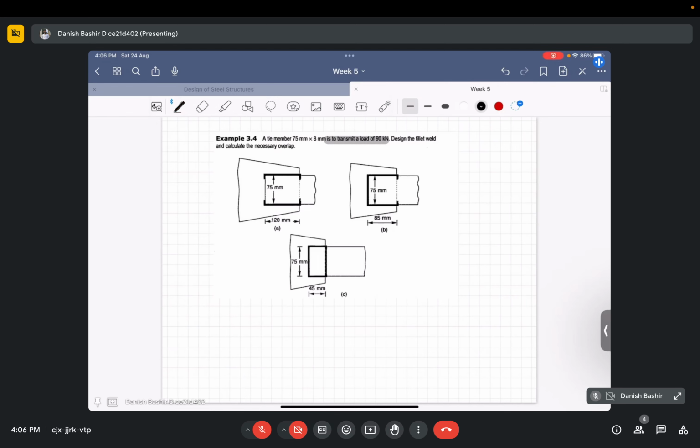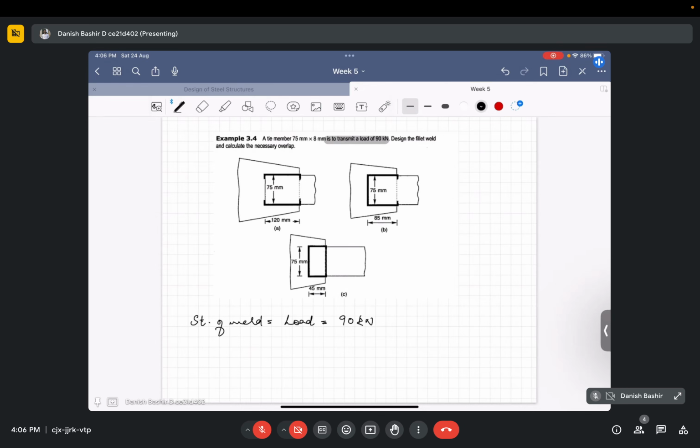So this is a flat weld. The strength of the weld should be equal to the load, that is, for safety it should be at minimum 90 kilonewton. Here 8 mm is the thickness of the thinner member.